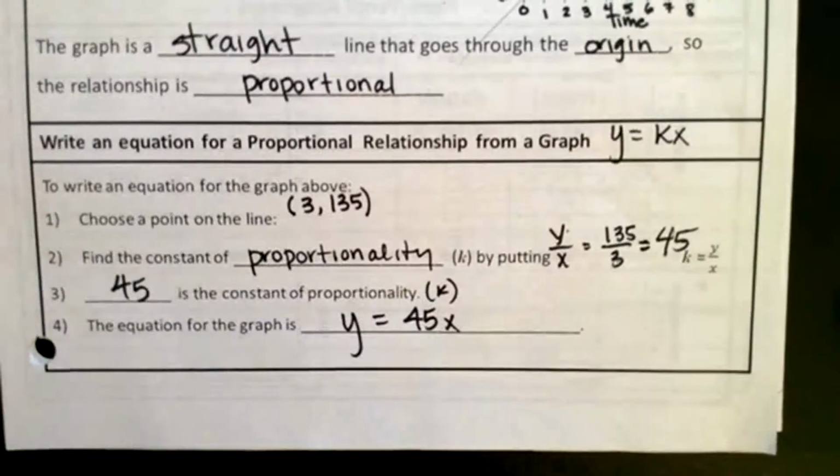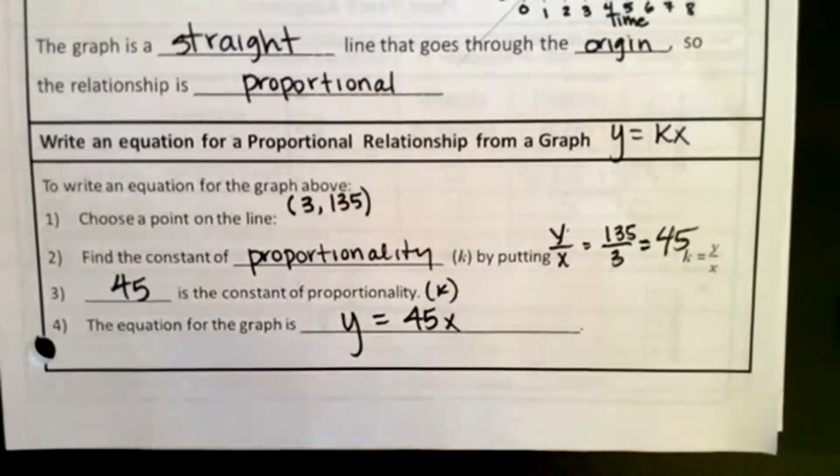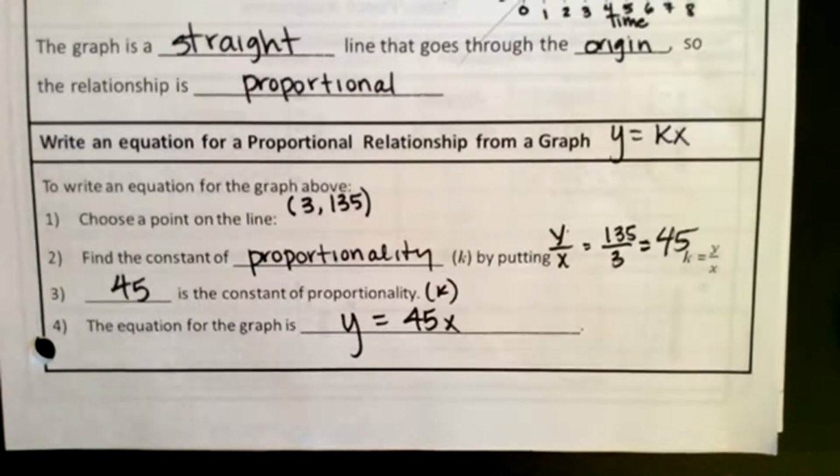Okay? So that is how you figure out if a relationship is proportional from a graph. You basically take the data in the table, make ordered pairs, graph the ordered pairs, and see if the graph is a straight line that goes through the origin. If it is, the answer is yes, you have a proportional relationship.